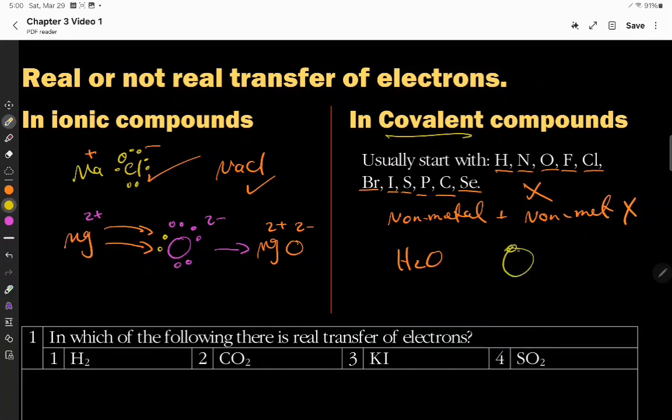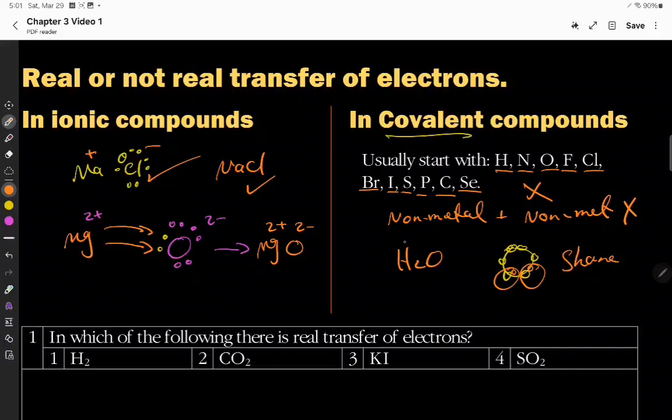We have oxygen with 1, 2, 3, 4, 5, 6, and we have hydrogen. Hydrogen will share 1 electron. They will share electrons. There is no true or real transfer of electrons. They share electrons, so sharing is caring. Yes, they will be positive and negative, but this is according to which one is more electronegative to attract the electrons to its side.